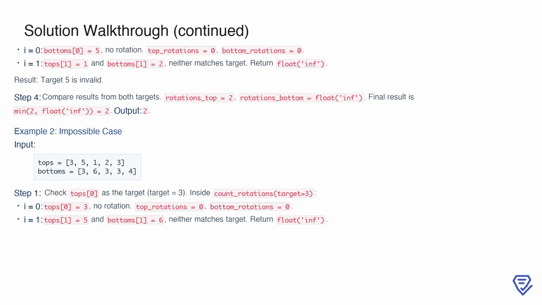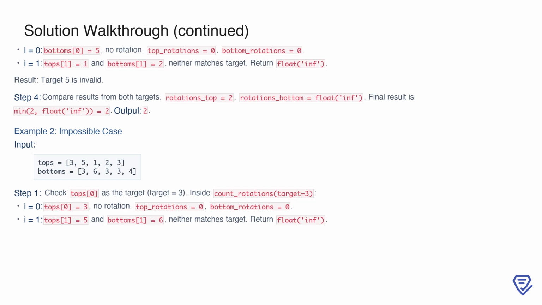Since the second target is invalid, we compare the results for the two target candidates. The rotations required for target equals 2 are 2, while target equals 5 is invalid with a result of float('inf'). The overall result is the minimum of these two values, which is 2. Thus, the output for this example is 2.